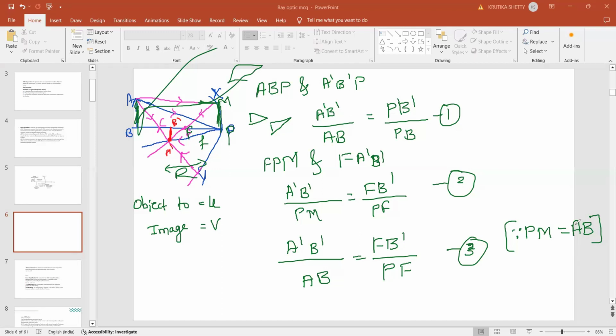So now if I compare equation 1 and 3, students, here we have A dash B dash by AB is equal to, and in equation 3 also A dash B dash by AB. So the LHS of both equation 1 and 3 is the same. Since the LHS is the same, we can equate the RHS values.